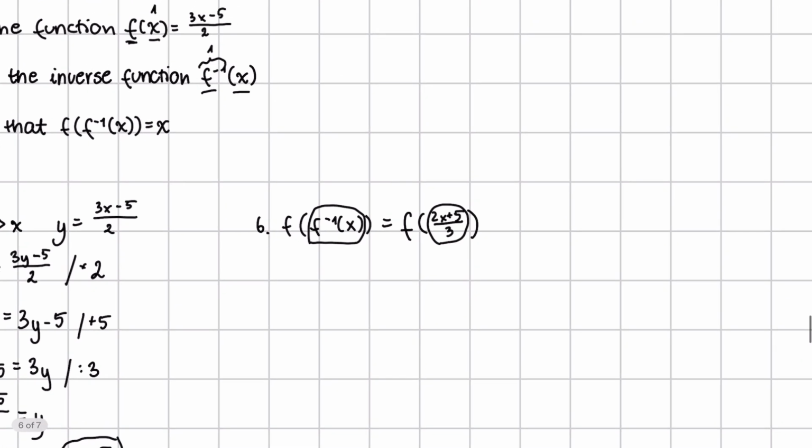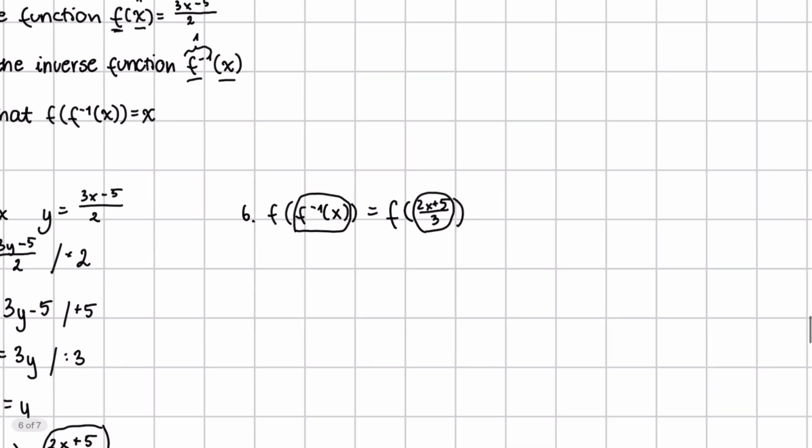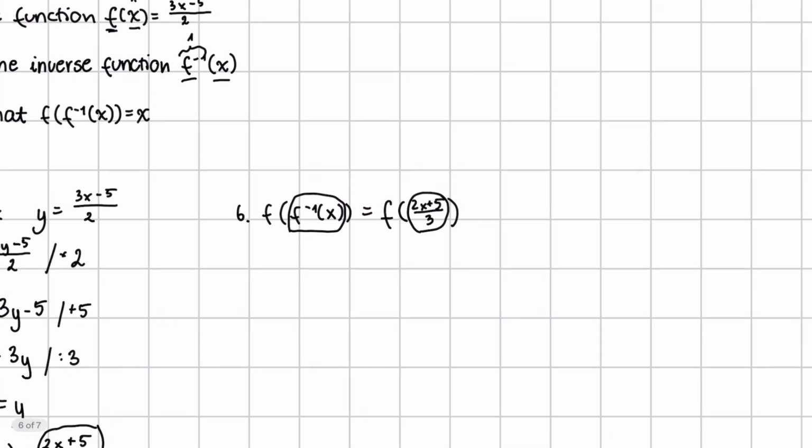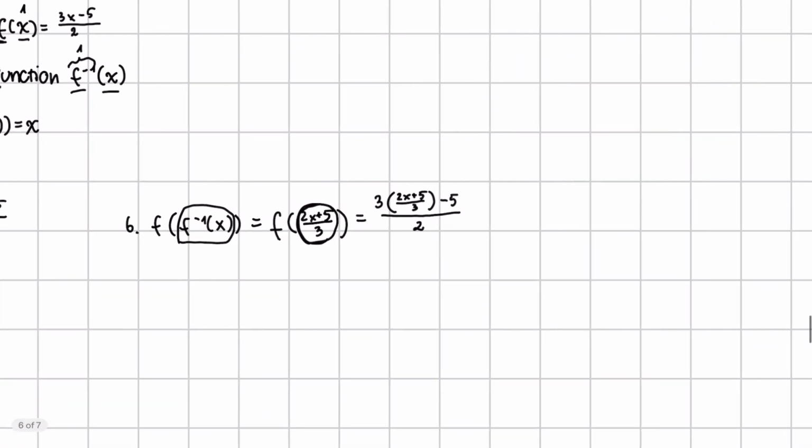So to our initial function, f(x) equals 3x minus 5 over 2, we have to substitute this into x. So we have 3 times 2x plus 5 over 3, then we have minus 5 in our initial function, and here we have 2 in the denominator.